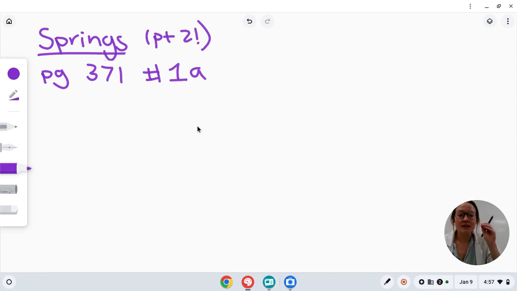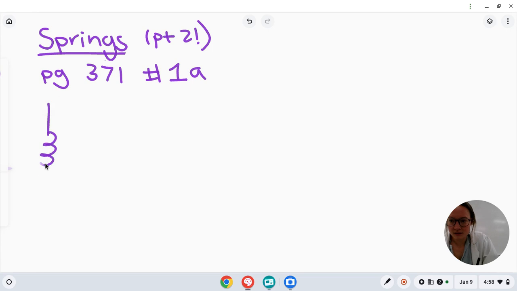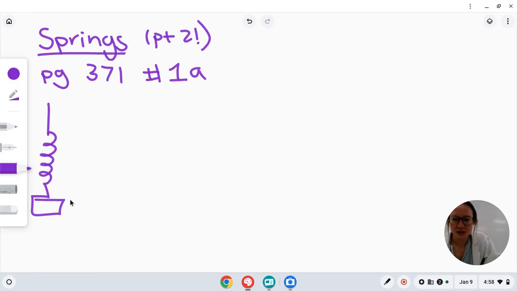Here's an experiment that you can use to figure out the spring constant of a spring. Take a spring, just like this one. Have it in its nice, unstretched equilibrium position. Then, add a bunch of mass onto the end. If you add mass, that spring is going to stretch under the weight of the new load.